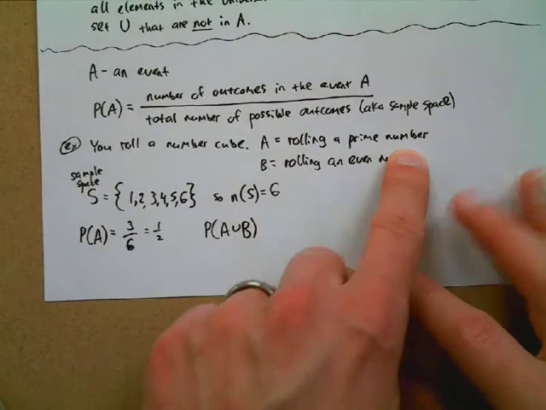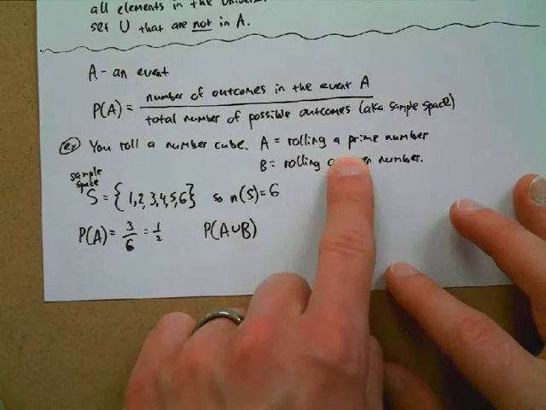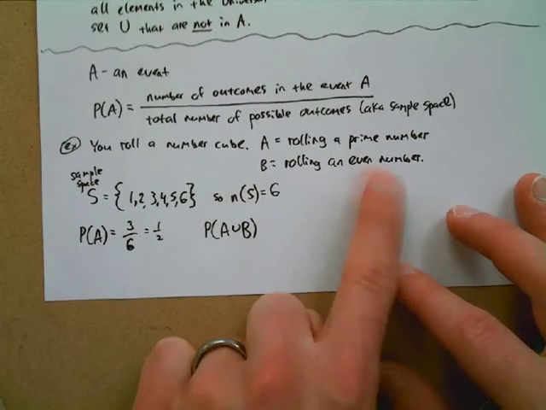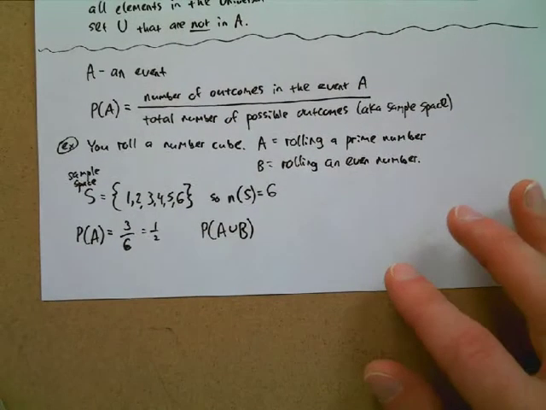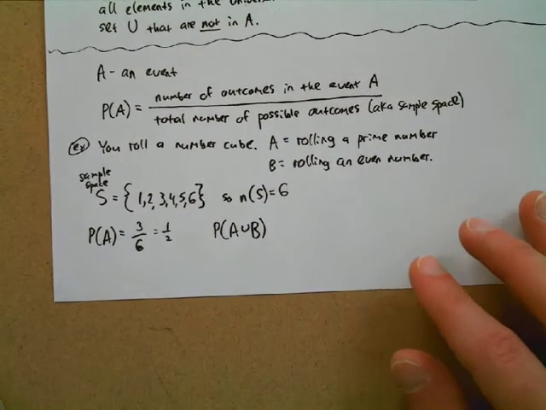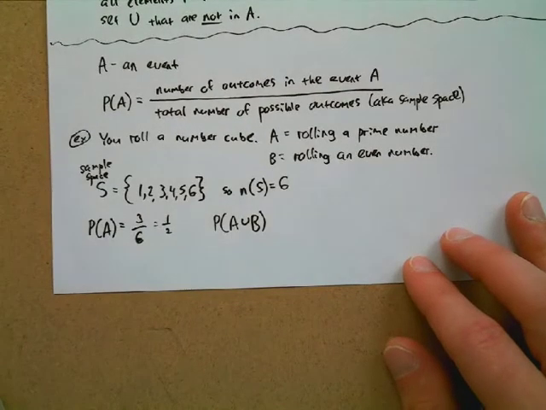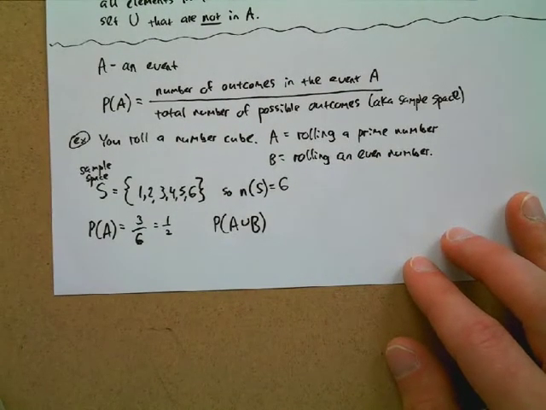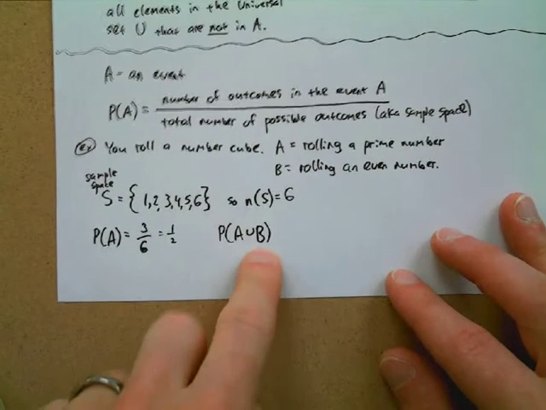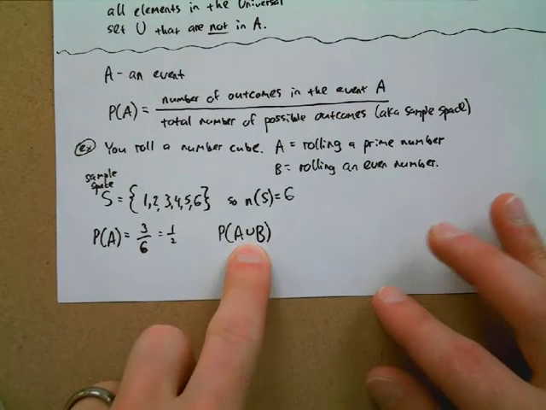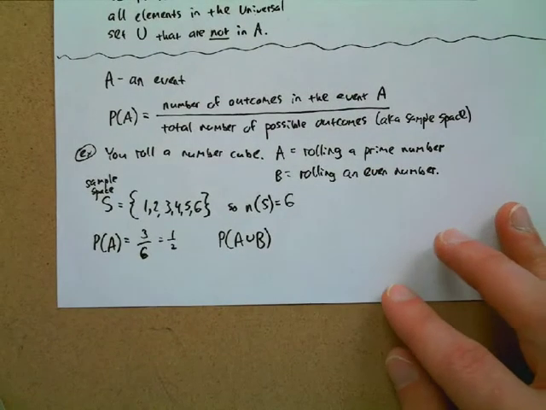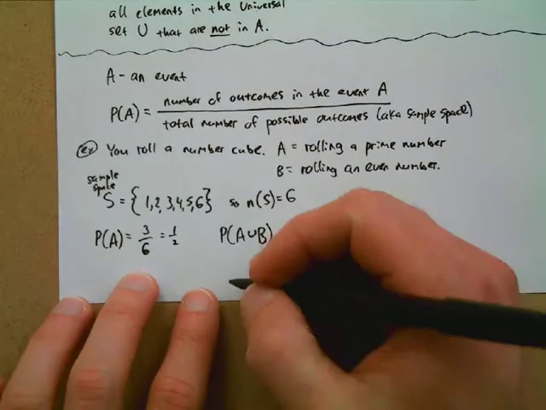How many elements are in set A? 3, right? And then rolling an even number, how many elements are in set B? There's 3 as well. But we've got to be careful, right, because there's a number that's repeated in both A and B. That number 2 is both prime and even. We don't want to count it twice. So let's think about A union B.